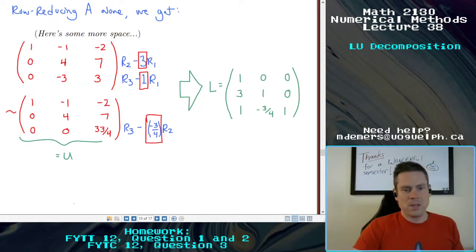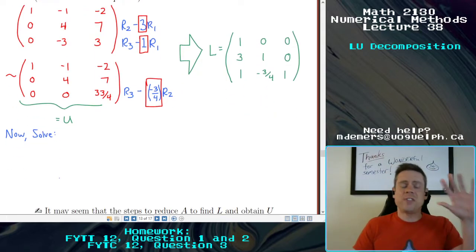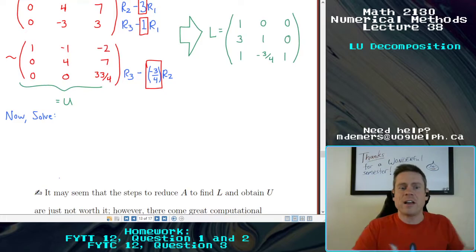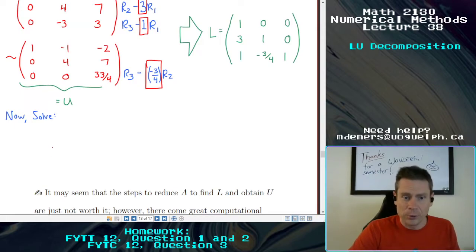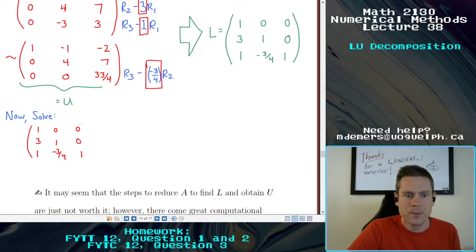So now what we have to do is solve the following. We reduced the A, we kind of factored it down into 2 matrices multiplied together. And so we're going to solve LUx equals b. So L is going to be 1, 0, 0, 3, 1, 0, 1, negative 3/4, and 1.